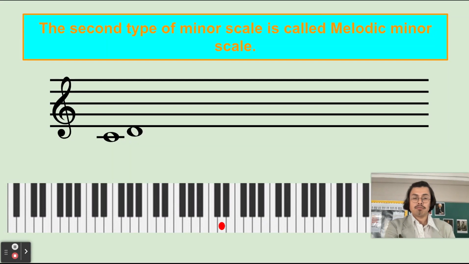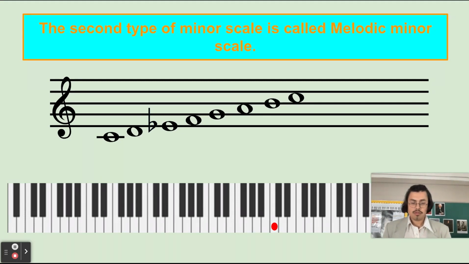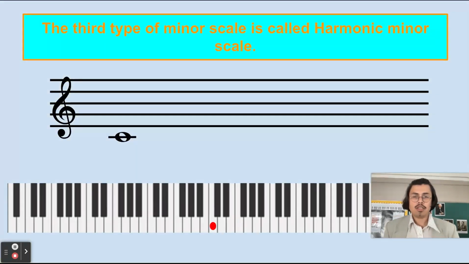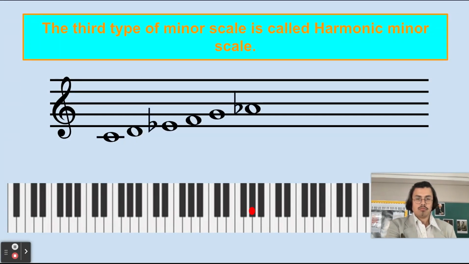C. The way that sounds. Okay. And the third type of minor scale is called the harmonic minor scale. This has that little Egyptian sounding interval.